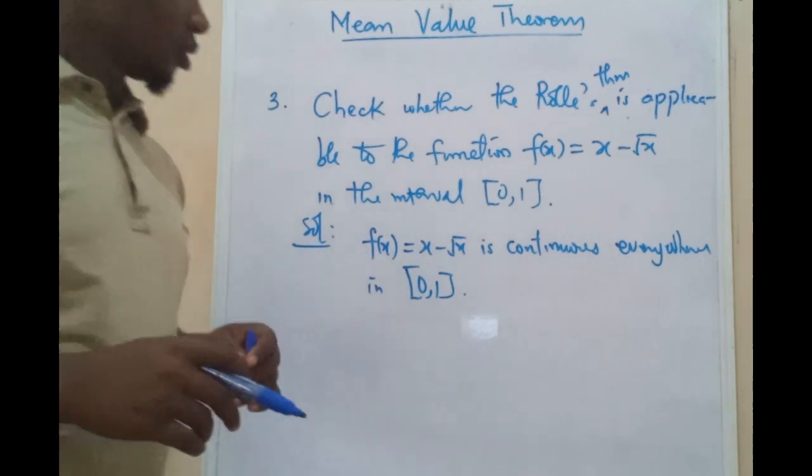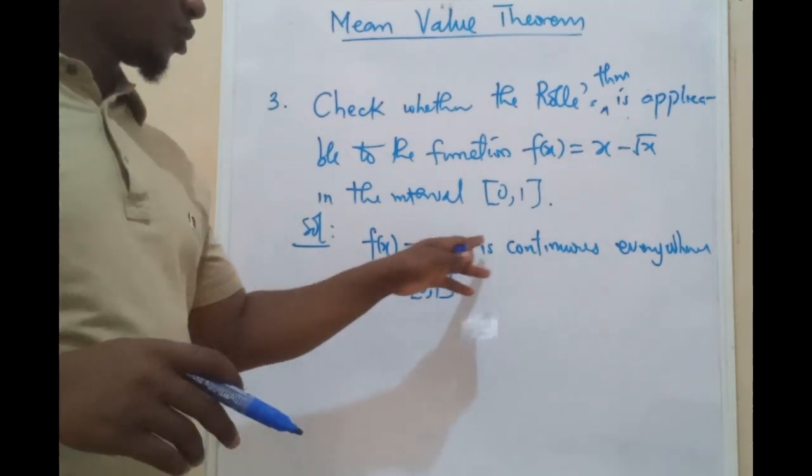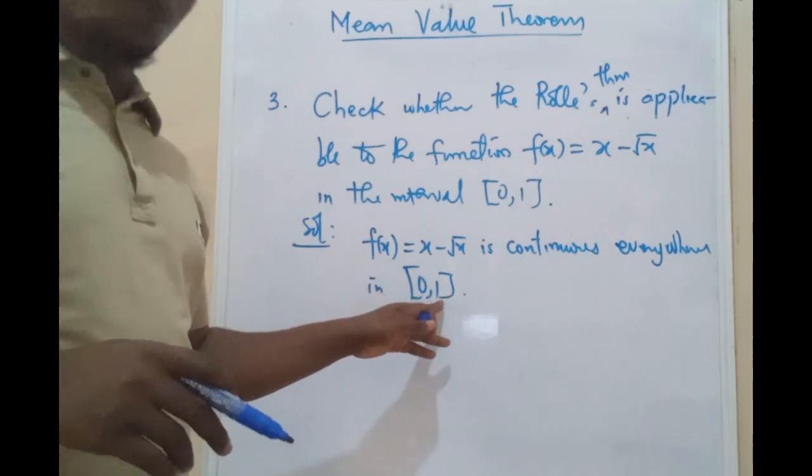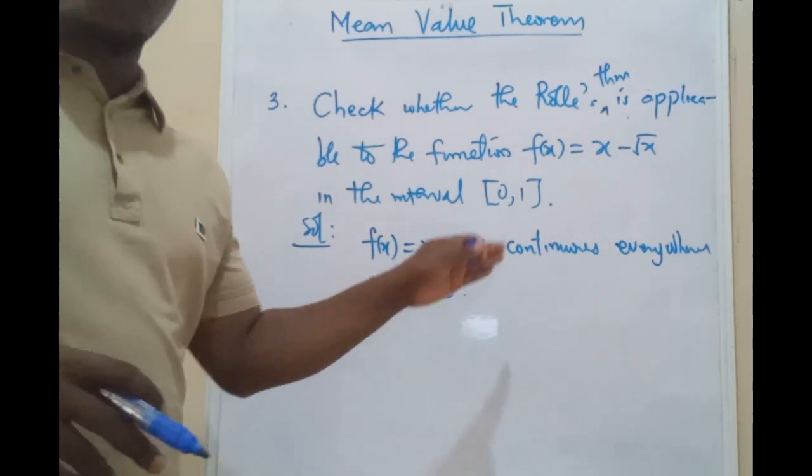I'll just repeat the point 0. f of 0 is defined, and it is defined throughout up to 1.